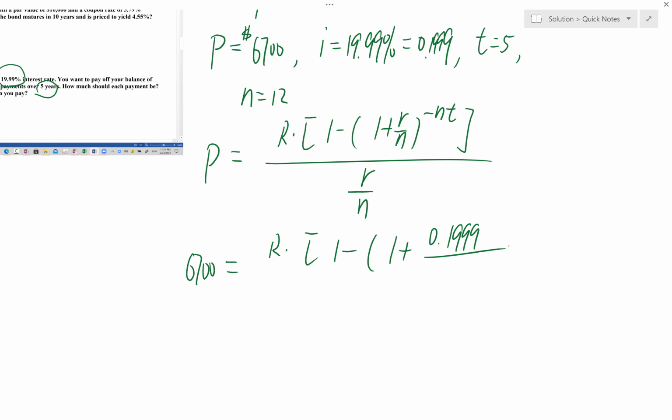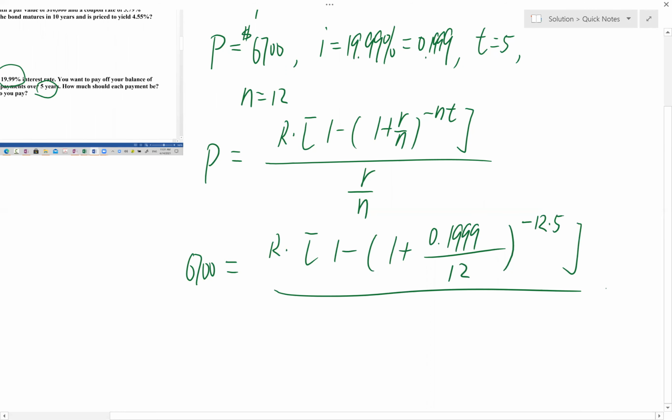It's not wise. You end up paying a lot of interest. So you should try to avoid using a credit card, or you should try to pay it off on a monthly basis without accumulating the debt, because that debt costs a lot, right? It costs about 20% interest per year. So N is 12, T is 5.